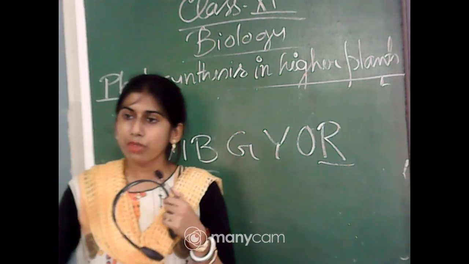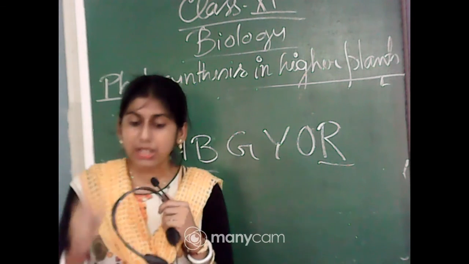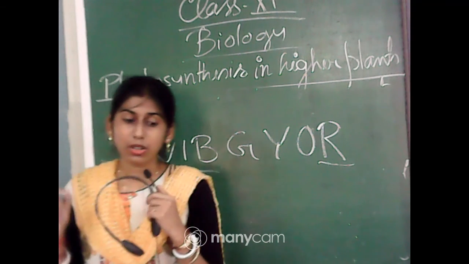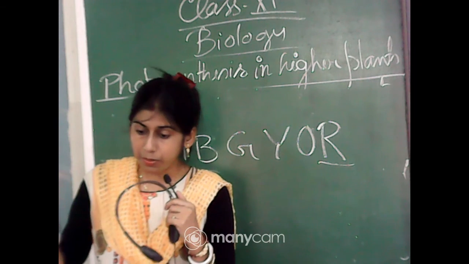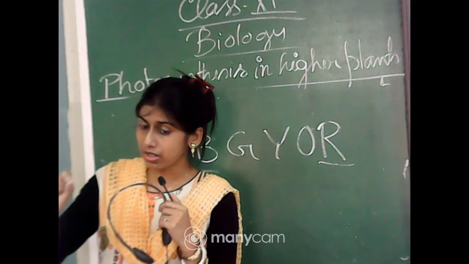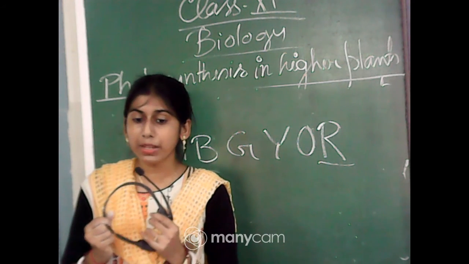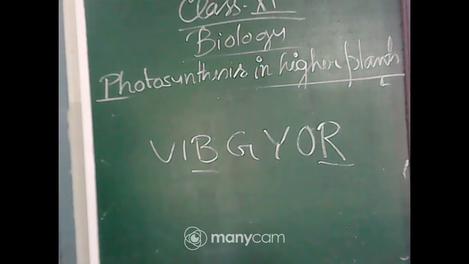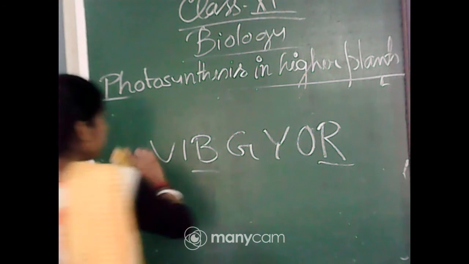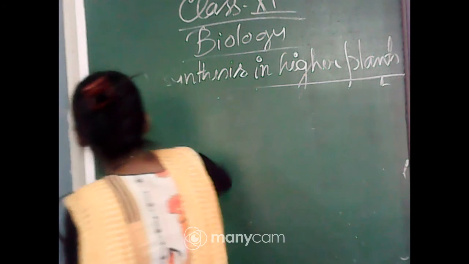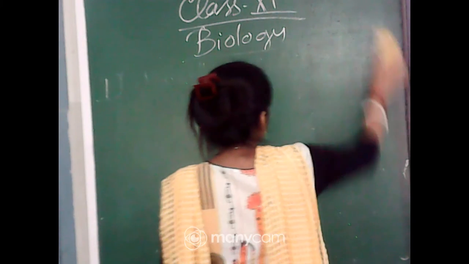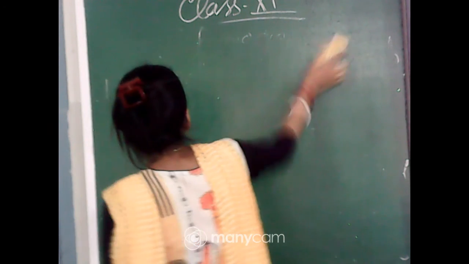So chlorophyll is absorbing light, but the accessory pigments help to maintain the continuous supply of light by absorbing the different wavelengths. From that we have to know the three graphs. I will discuss this portion, called the action spectrum and absorption spectrum, in my next class.